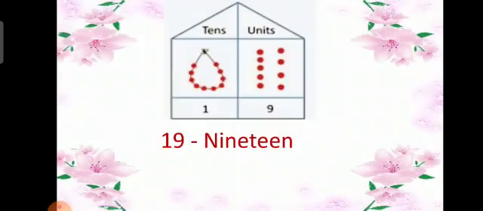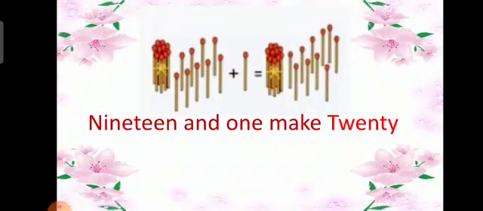In the houses of tens and units, we are going to draw one single string, meaning 10 beads, and 9 single beads, meaning 9 units. One single string means 1 ten, and 1 ten and 9 units is equal to 19. What is the spelling of 19? NINETEEN, 19.